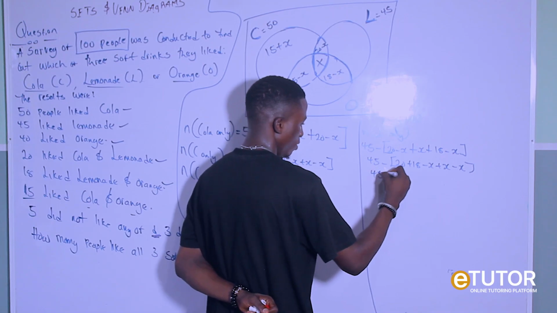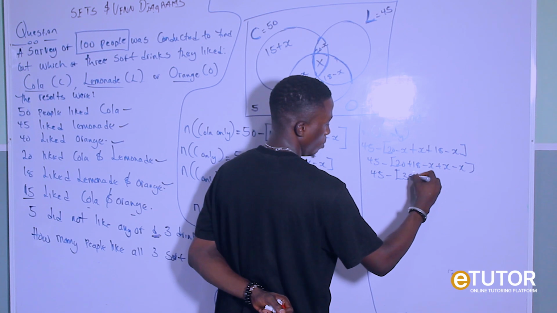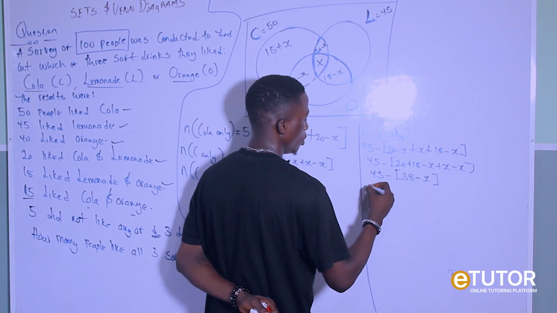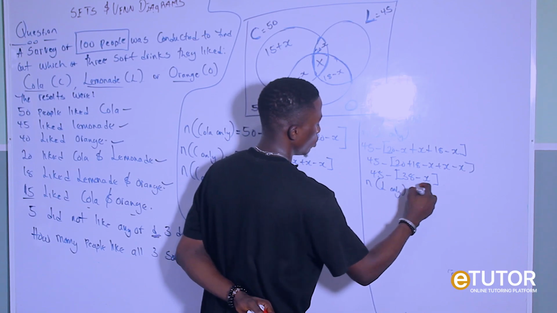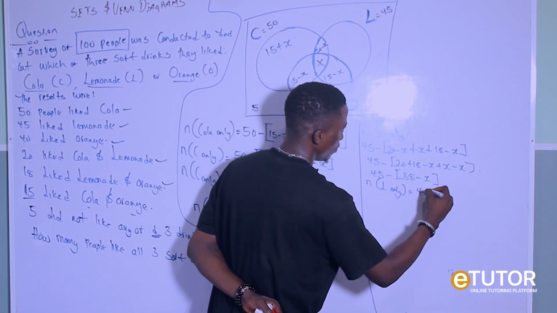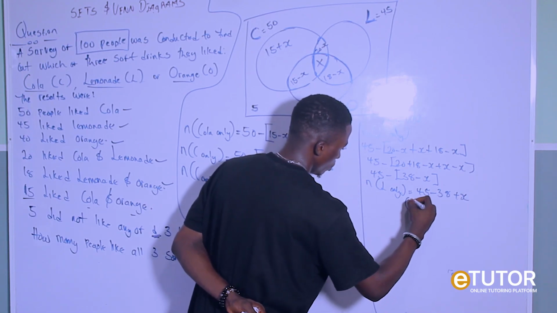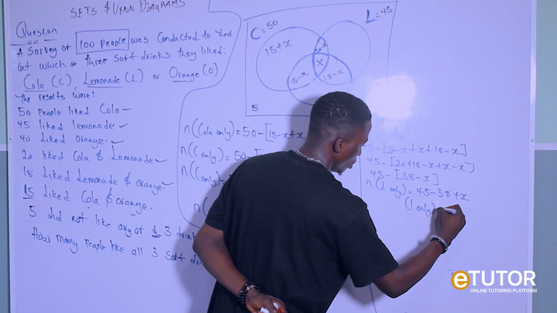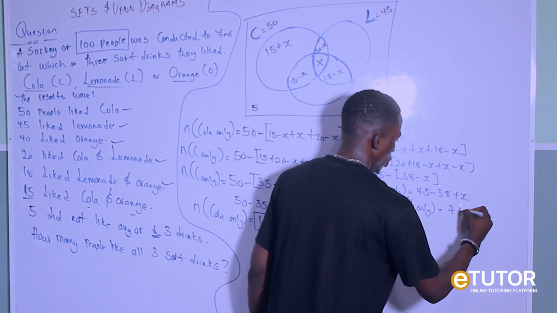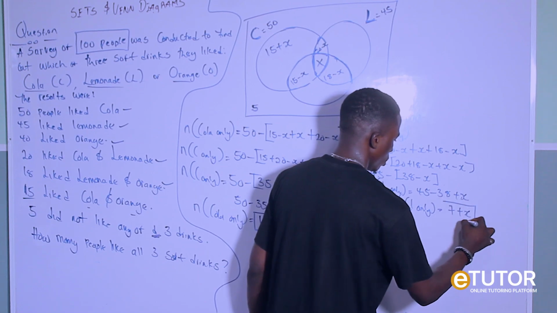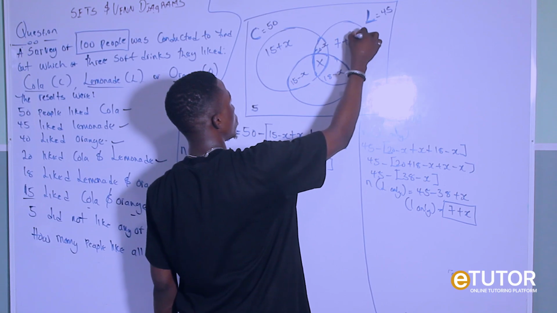So that will be 45 minus 38 minus x. So you're going to have n(L only) is equal to 45 minus 38 plus x. So L only is equal to 7 plus x. So the value of this portion is 7 plus x.